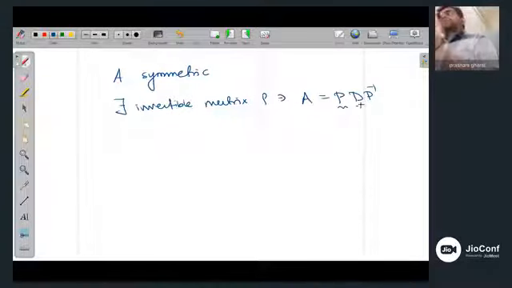D is a diagonal matrix, so it gives you the stretching components. And again, there is a P inverse, which also gives you a rotation.